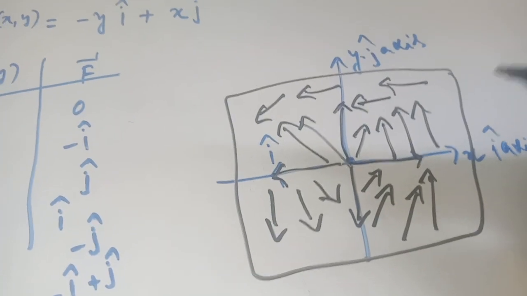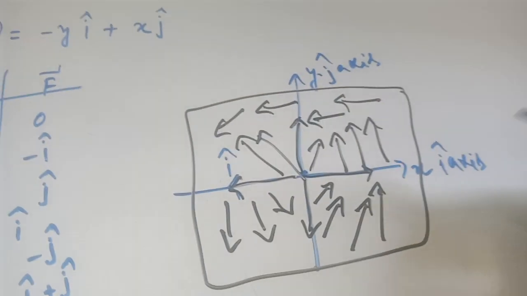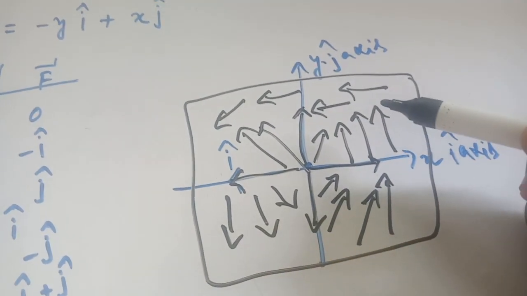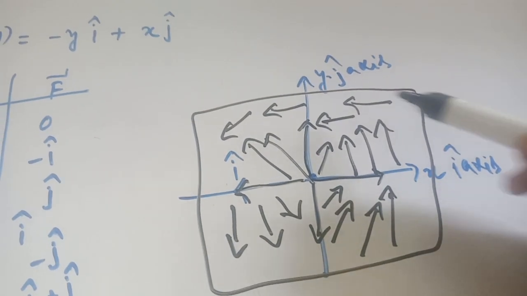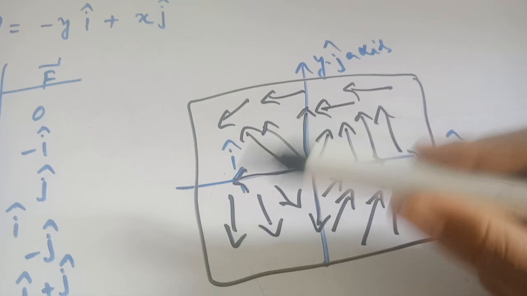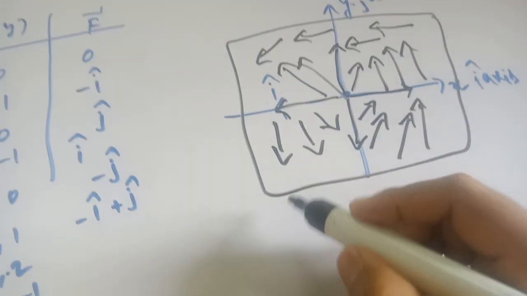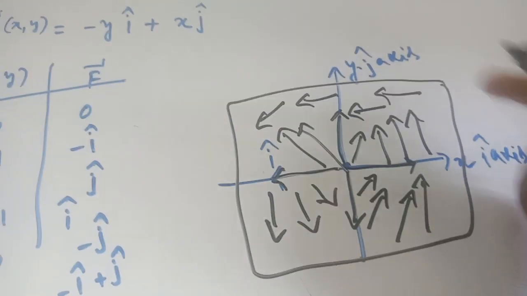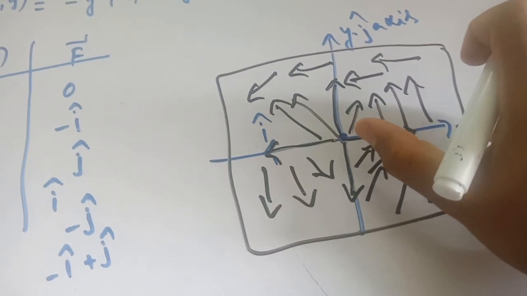If you take this area of interest, all the vectors in this area are not diverging. They are curling around the origin. If you find the curl of this, the curling is in the anti-clockwise direction, taking the x-axis as the reference.